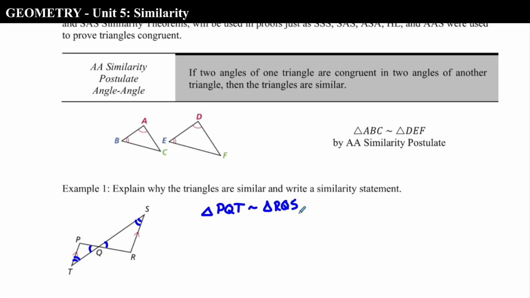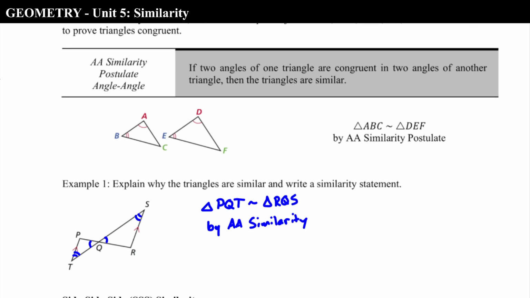Okay, remember you have to line up the vertices so that they're in the same order when you do these statements. And we say this is by angle-angle similarity. You need to put the word similarity behind these at this point, and you're going to see why in the next part.